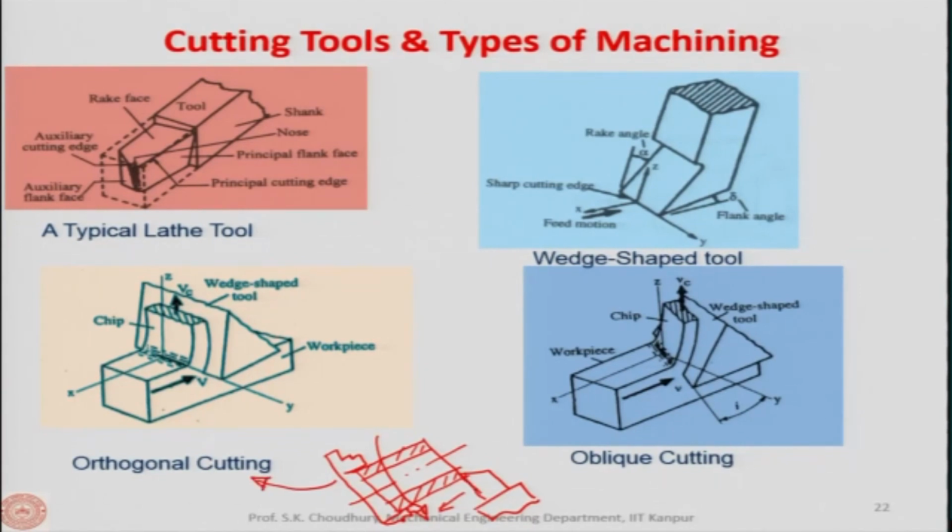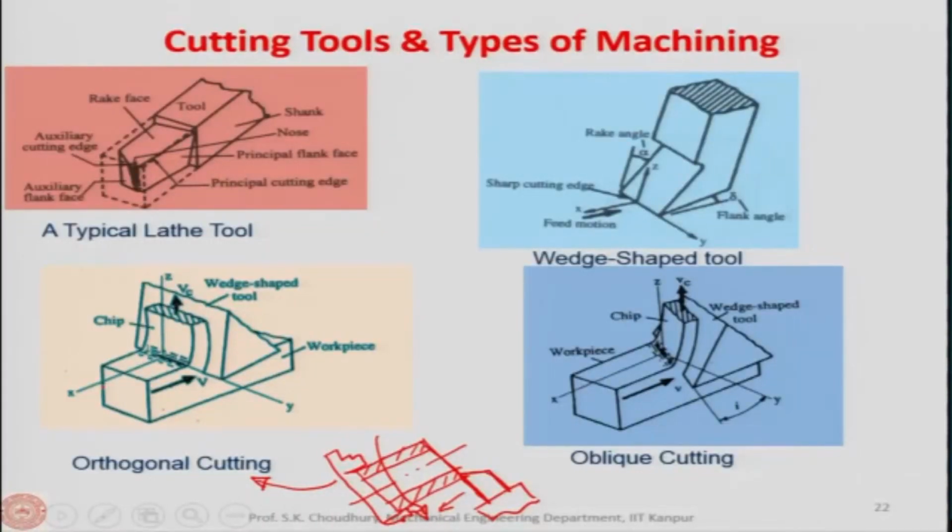As you can see, this edge here is a straight one, all right, parallel to this. So, therefore, the chip will be flowing exactly along the x z plane or the z axis, okay. This will be perpendicular to the cutting edge, but for any other cases the chip will not be flowing perpendicular to the cutting edge, but it will be flowing along the x y z planes, and therefore, all other cutting processes will.